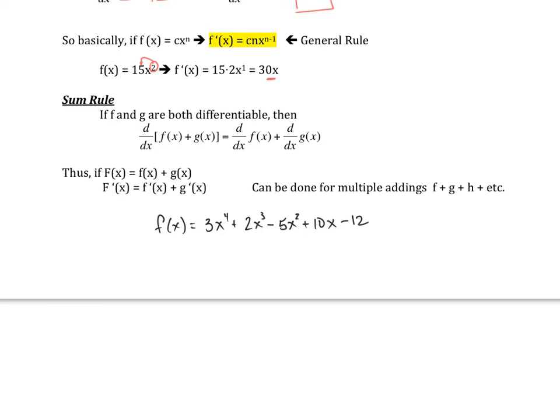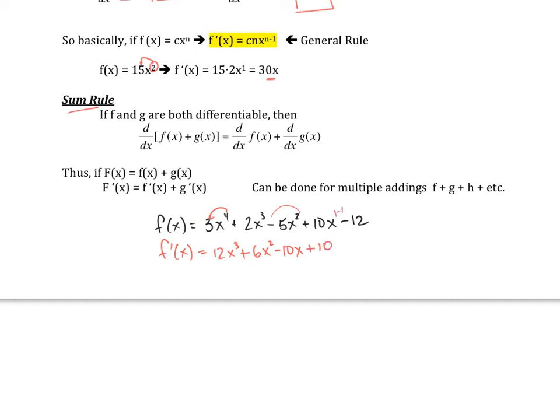Taking this derivative with the sum rule lets me do the following. This times this, 12x cubed, plus, now I do the next one, 6x squared. Over here, negative 10x to the first power, plus 10.